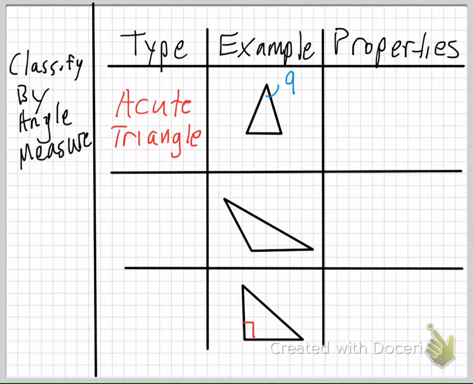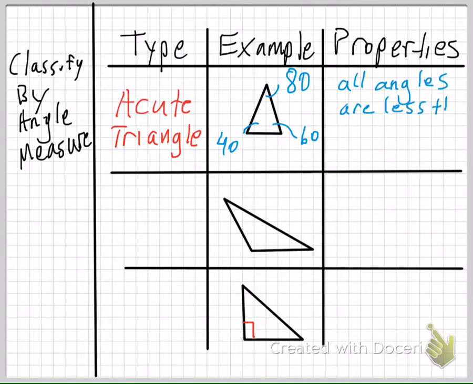So this one might be 80. This one might be 40. And this one might be 60. And the property here is exactly that, is that all angles are less than 90 degrees.